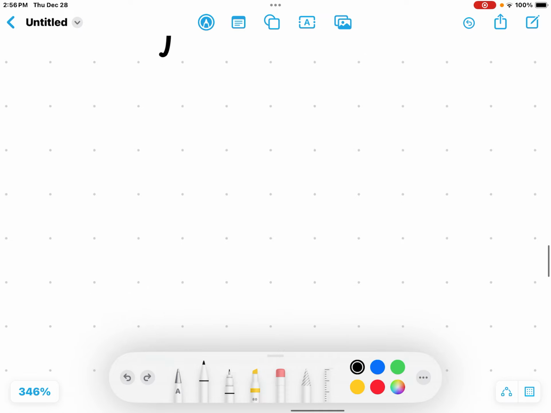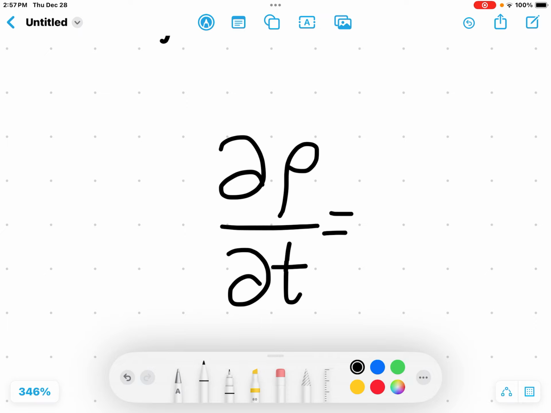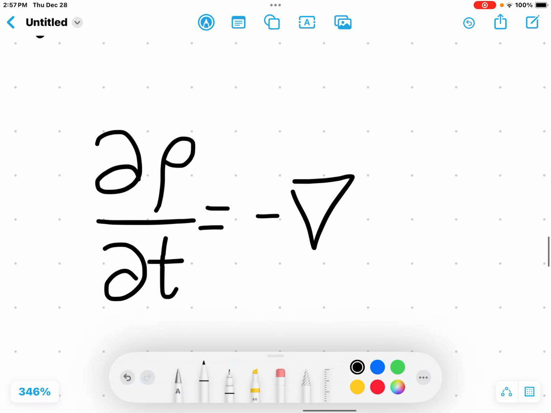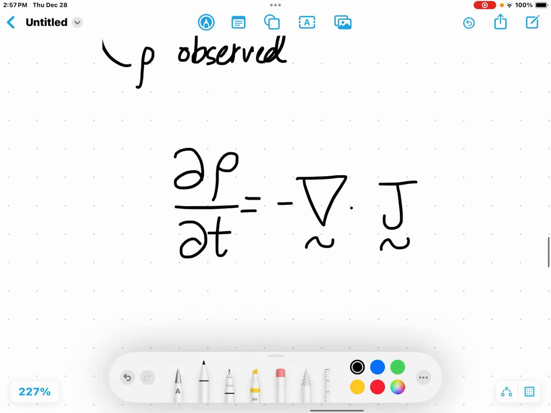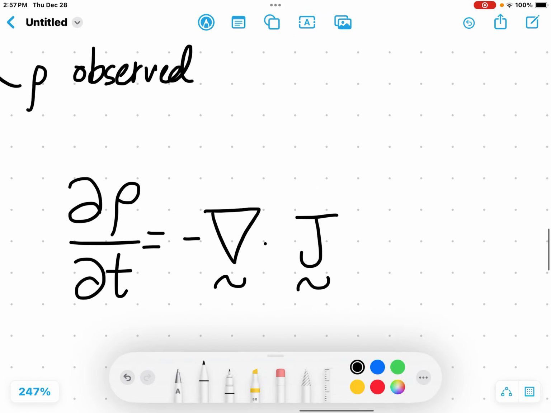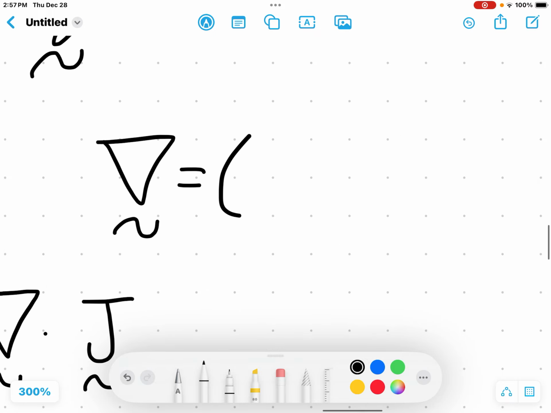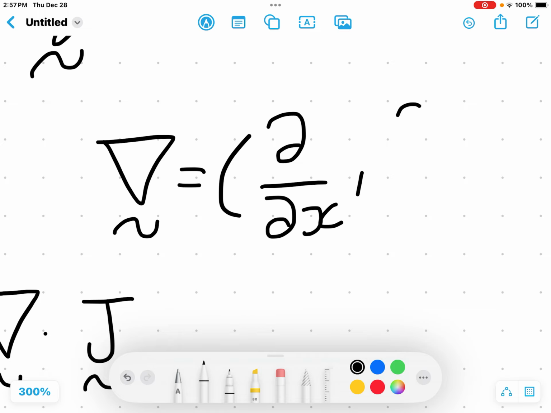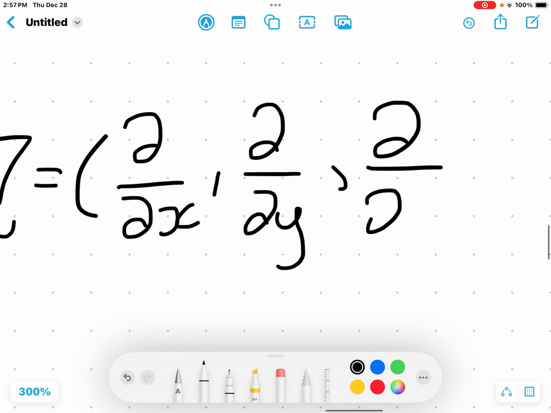Recall that the rate of change of my charge density with respect to time is actually minus the 3 divergence of j. So you can interpret this as maybe my d over dx, d over dy, d over dz.